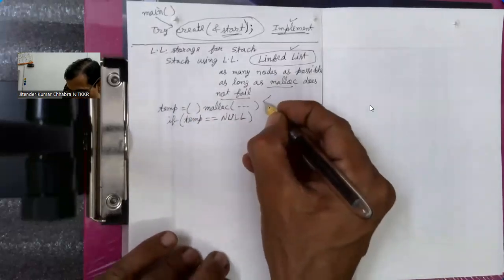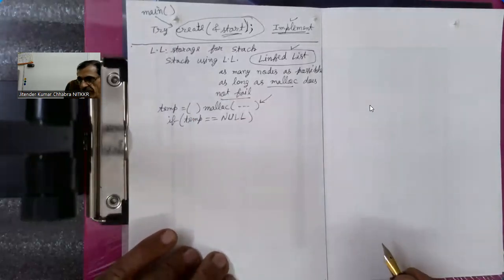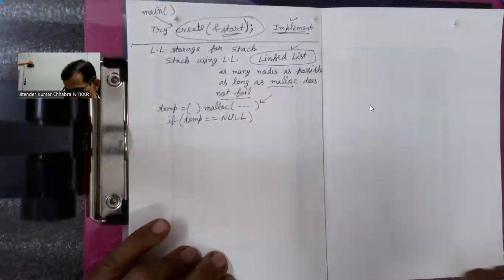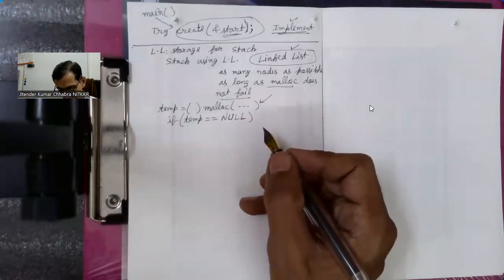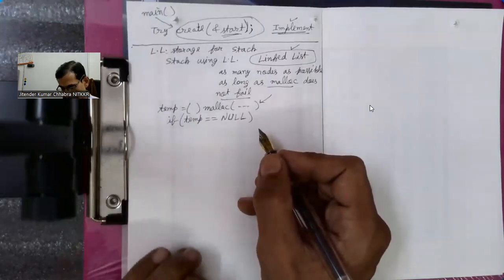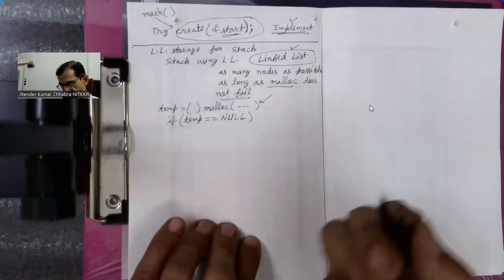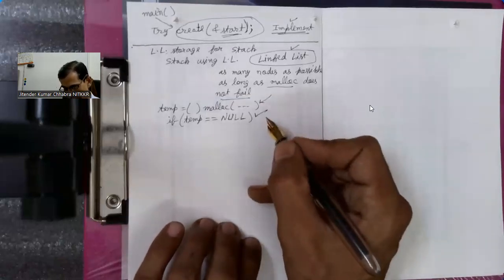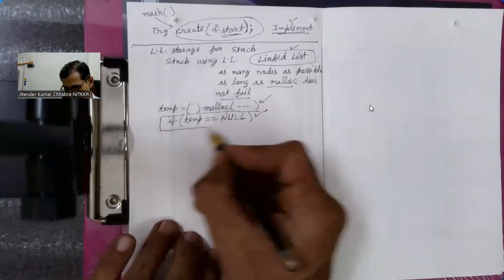But remember, mostly it will not fail. Unless we were going for malloc of, let's say, 10 gigabytes collectively, obviously it will fail. Otherwise, we have a good amount of RAM. So for our programs, malloc is rarely going to fail. An exception will never come, so we don't really check every time, but good programmers can do this after every malloc.